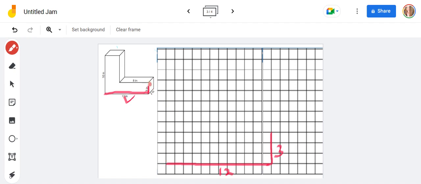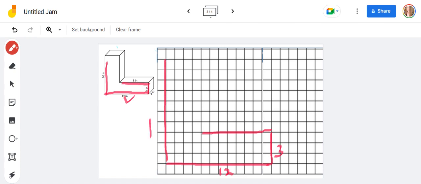Then I notice I have to go over 8 inches. So I'm going to go over 1, 2, 3, 4, 5, 6, 7, 8. And then I notice when I started, I can also go up 10. So I'm going to do that: 1, 2, 3, 4, 5, 6, 7, 8, 9, 10.